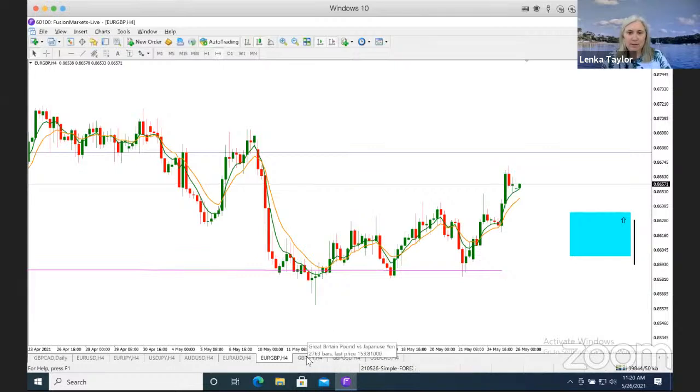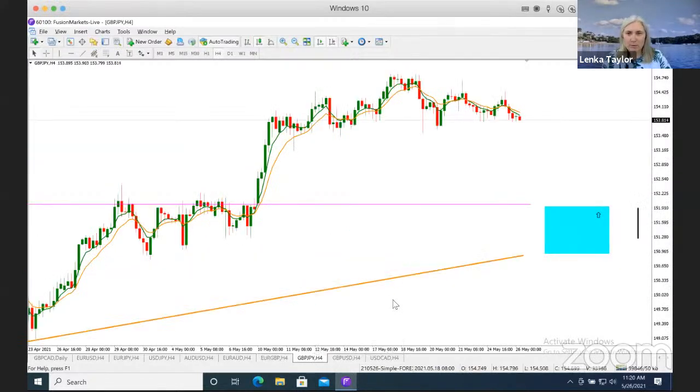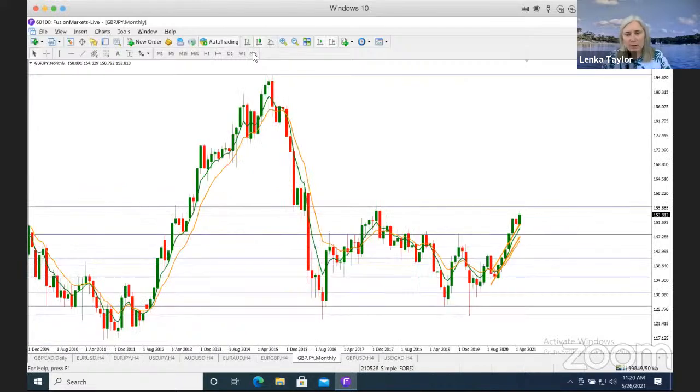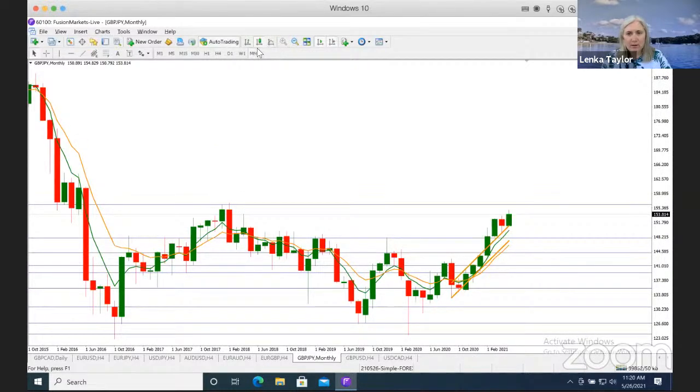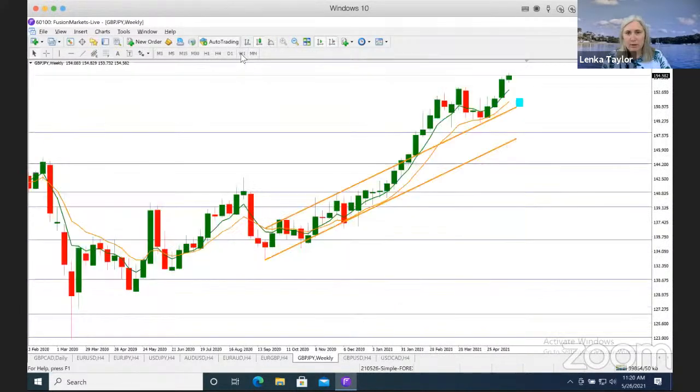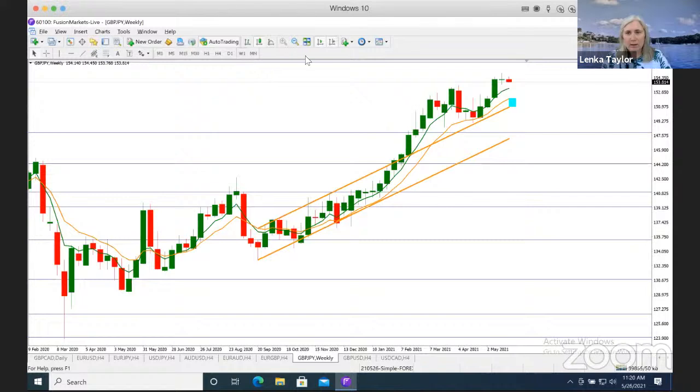All right, next currency pair I'm going to have a look at is GBP JPY. So on this one, I have the trend going up. So I'm looking for longs. Weekly is already quite close to the resistance, so I'm looking for a pullback.